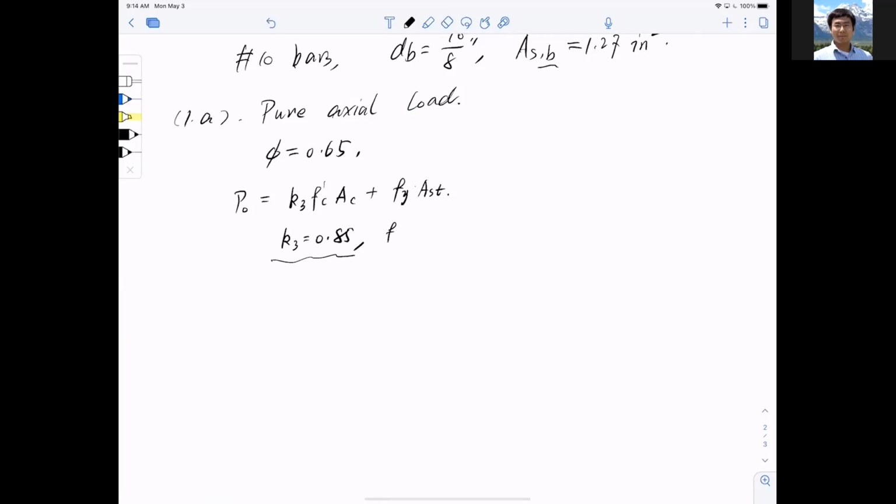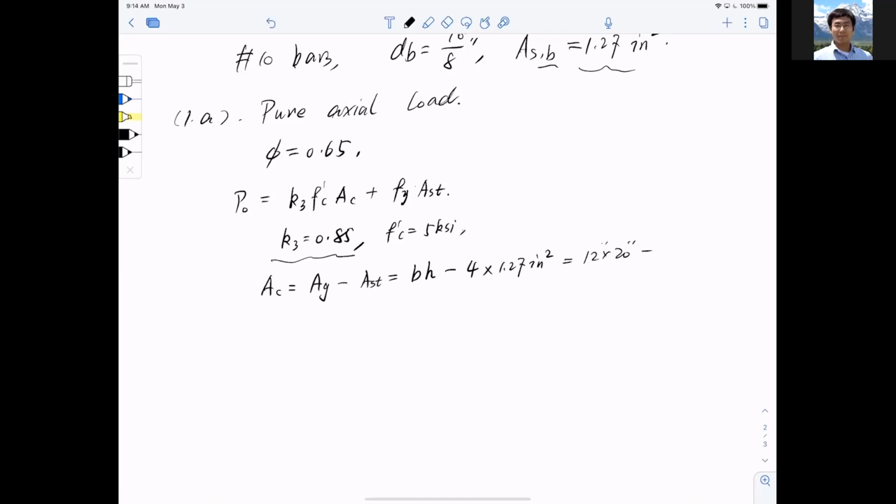Now f prime c in this case is 5 ksi, so we're just going to label that here. Ac, which is the concrete part, equals the total cross-section area minus the area of steel, so Ag minus Ast. Now Ag is bh, minus Ast, which is 4 number 10 bars, so 4 multiplied by 1.27 inch squared. B is 12, h is 20.